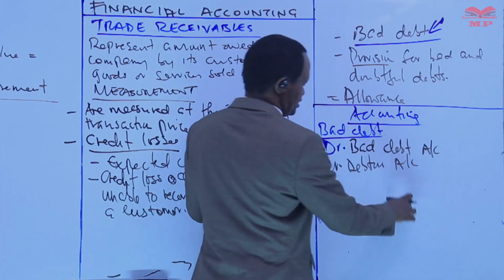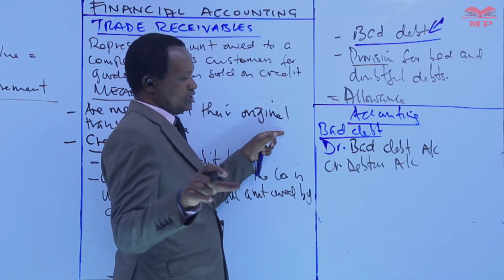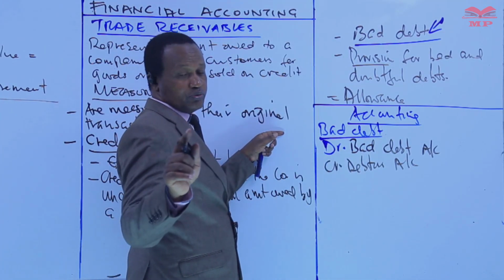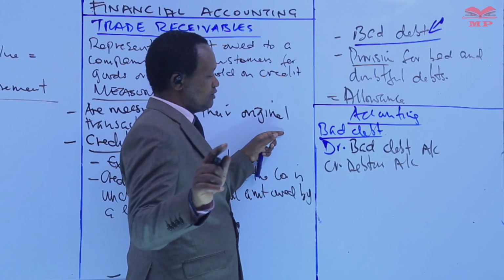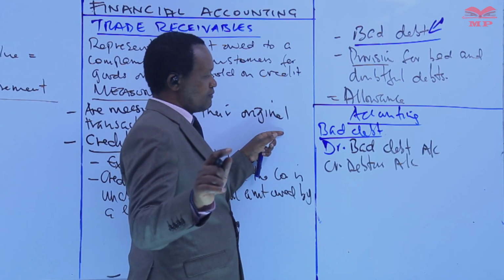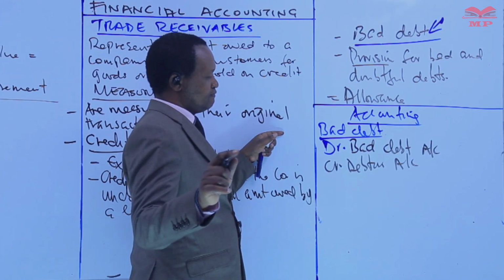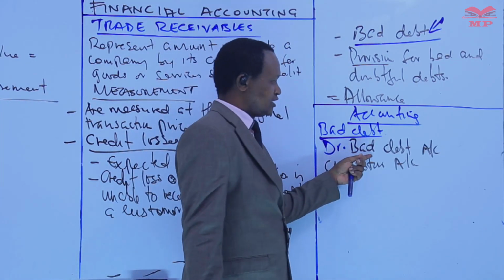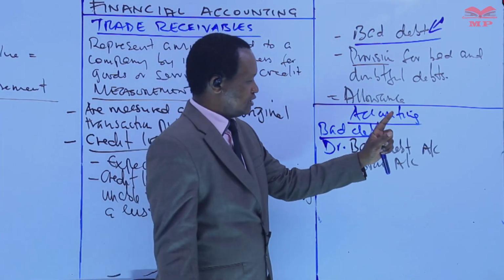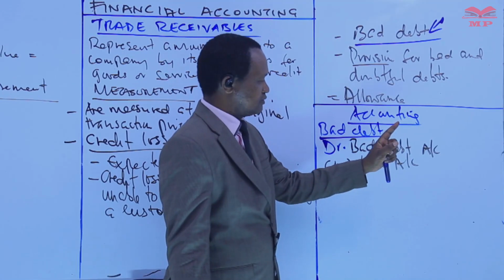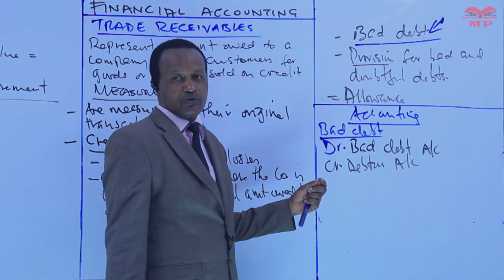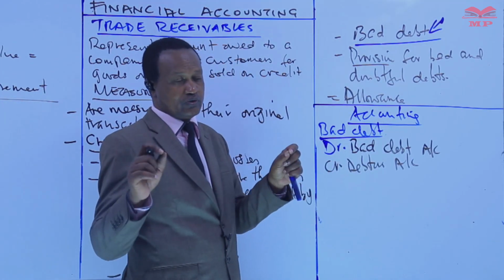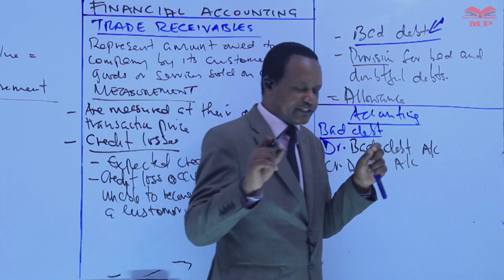By crediting debtors account, you're reducing the debtors account because that money will not be paid. Okay? You understand? Then to close this debtors account, you credit the bad debt account and debit the profit and loss account. That is how you account for bad debt written off.